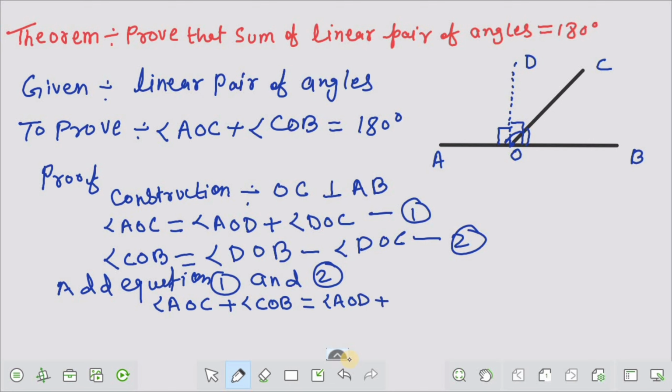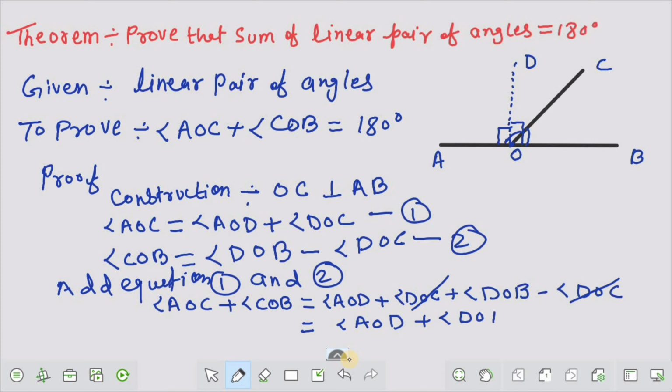angle AOD plus angle DOC plus angle DOB minus angle DOC. Here angle DOC will be cut. So what remains is angle AOD plus angle DOB.